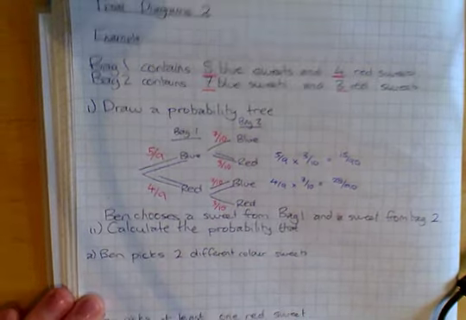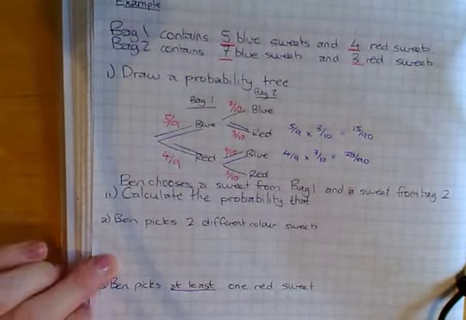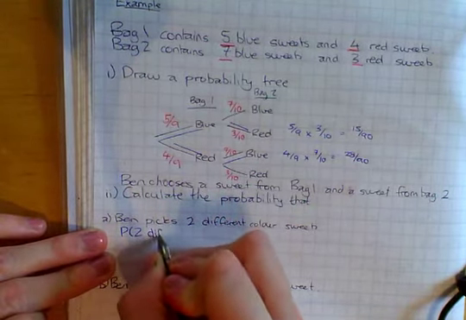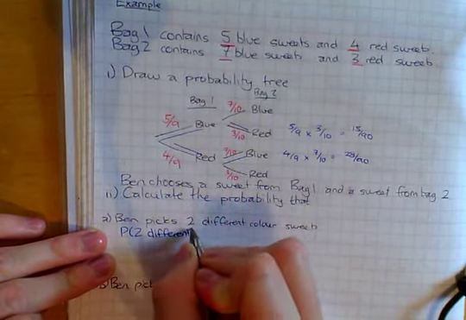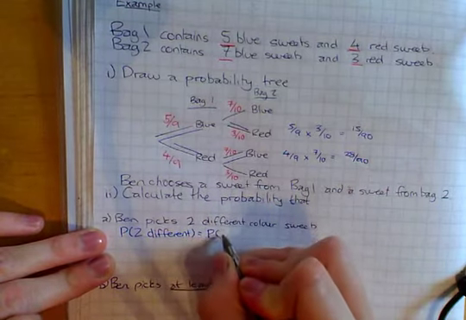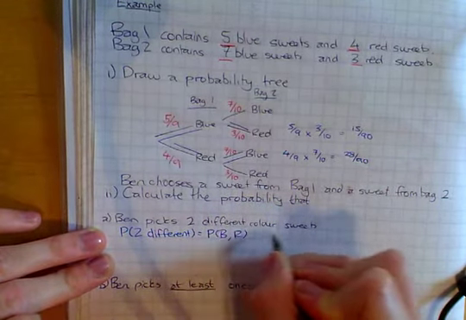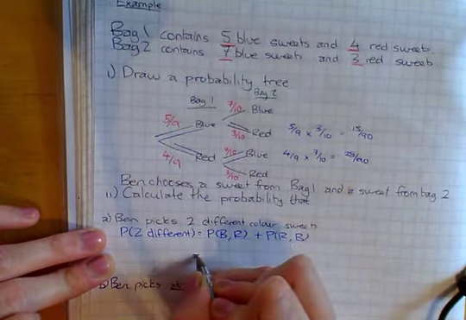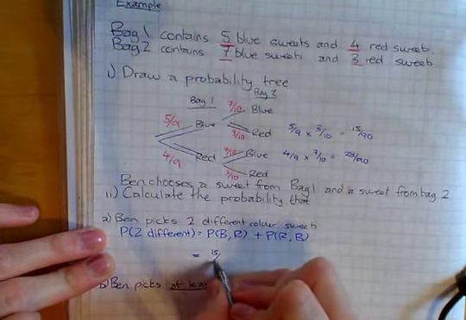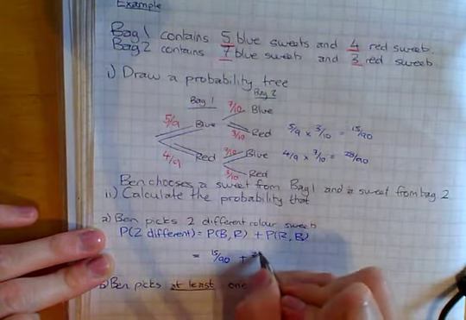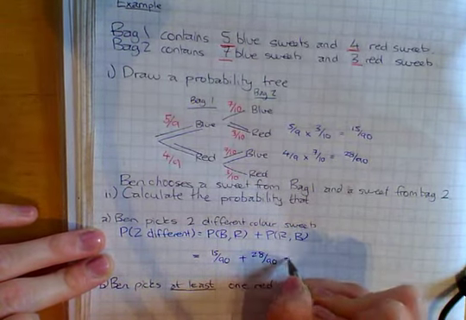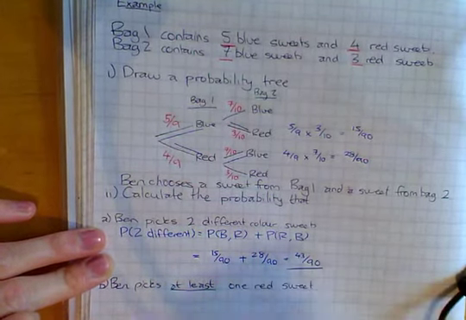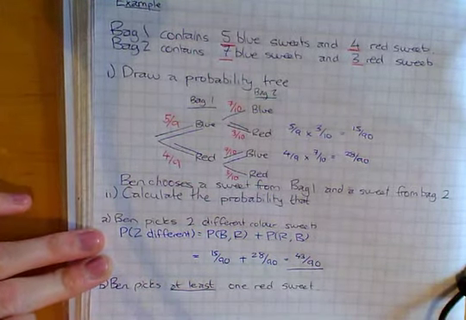And so to calculate our final answer, the probability of 2 different colours is equal to the probability of a blue and then a red plus the probability of a red and then a blue, which is equal to 15 over 90 plus 28 over 90, which is equal to 43 over 90.